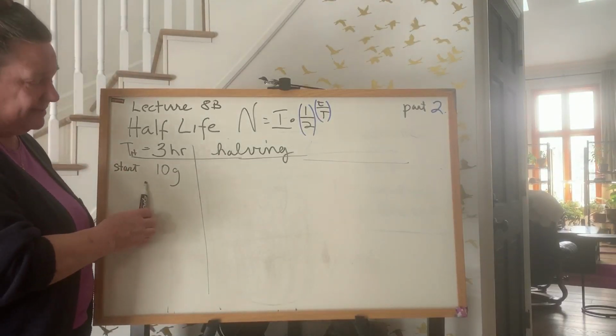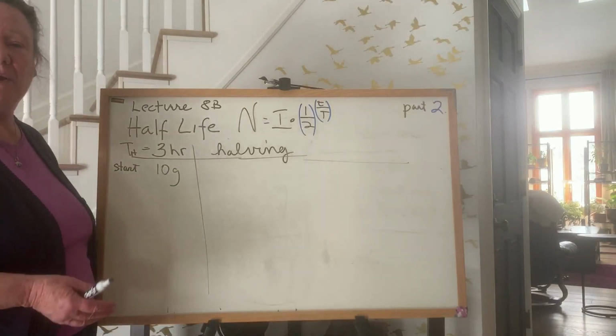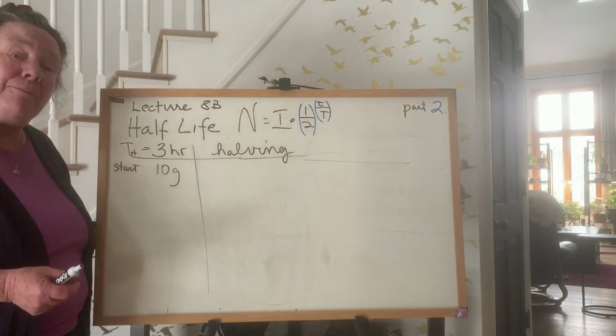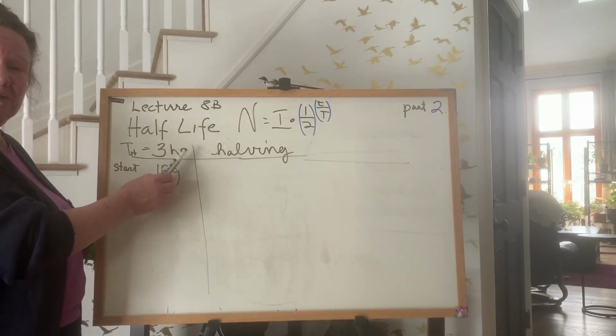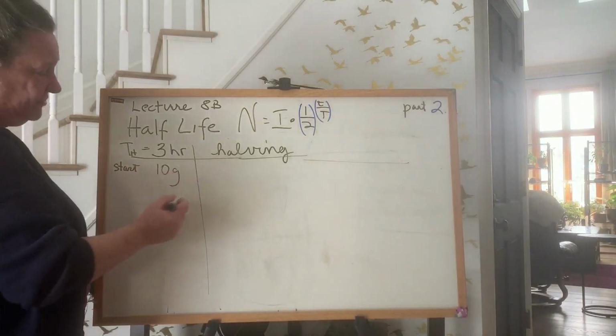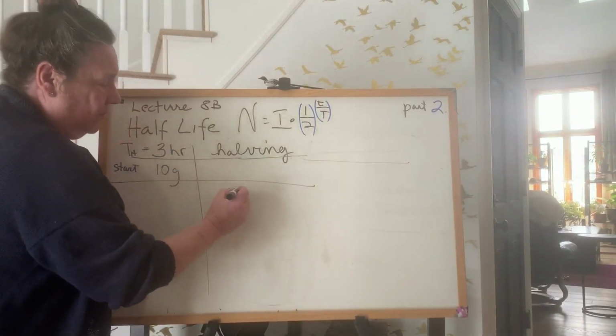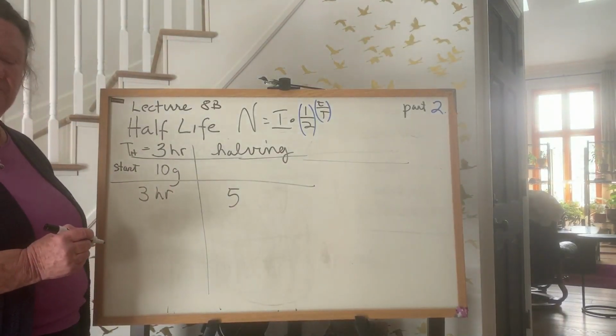We have a chemical concoction of 10 grams of this chemical, and it evaporates, okay? And every 3 hours, it cuts itself in half. So after 3 hours, we have 5 grams.